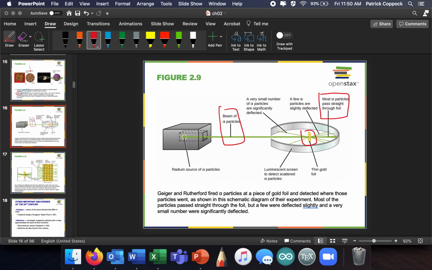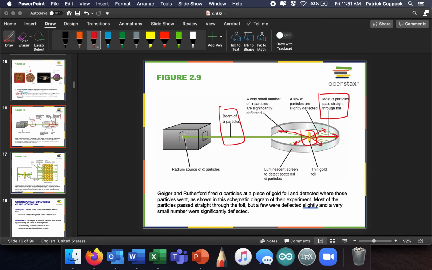Most alpha particles pass straight through the foil. Wow, are you serious? Some get bounced off. He had a luminescent screen all the way around it and found that some bounce that way, some reflect back, some go here, but most of them go straight through.